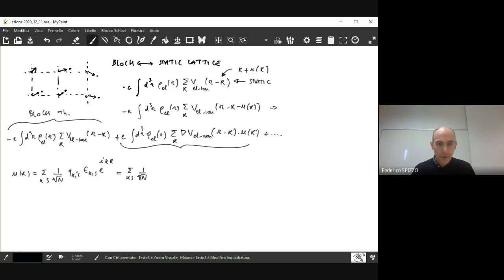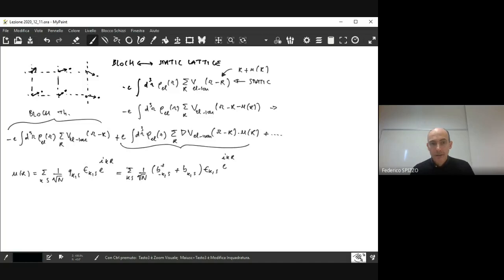Then in place of QKS, we have the creation operator corresponding to minus Ks plus the destruction operator corresponding to Ks. Then we have the polarization vector, and we have the phase. So this is the expression of U as a function of creation and destruction operators for phonons.